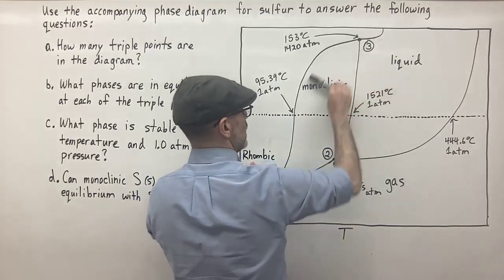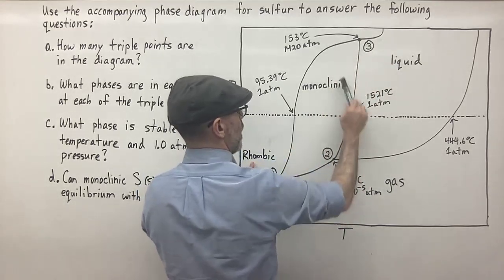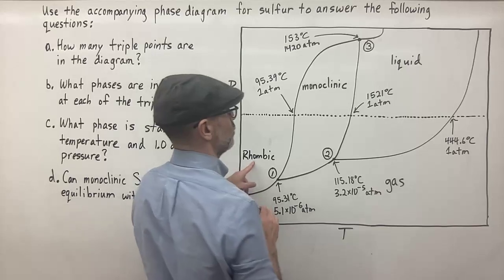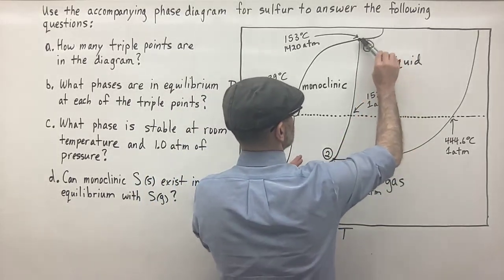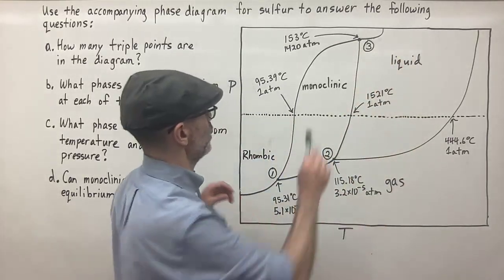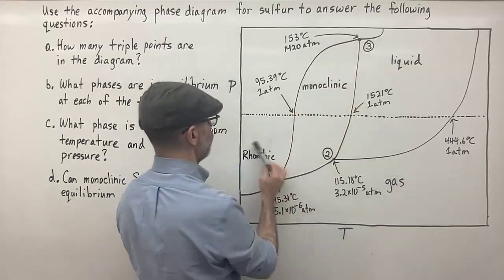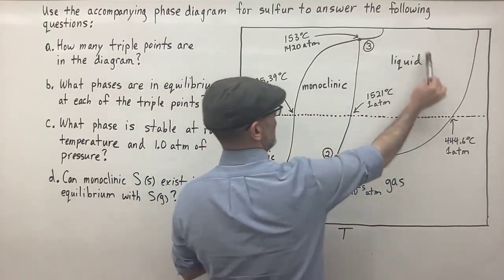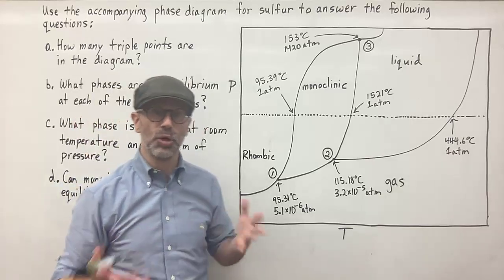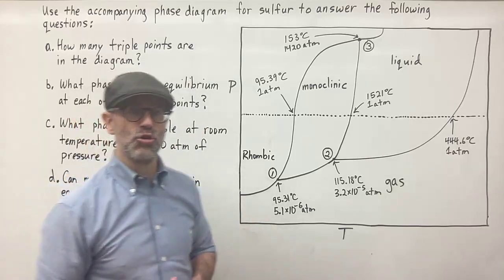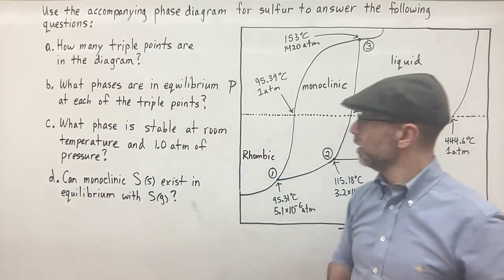And then on this area here, I have the monoclinic that's in contact with that point. And then on this side, I have the liquid. For that point, it's the rhombic, monoclinic, and liquid phases that are all together at the same time in equilibrium. So that's the answer to question B.